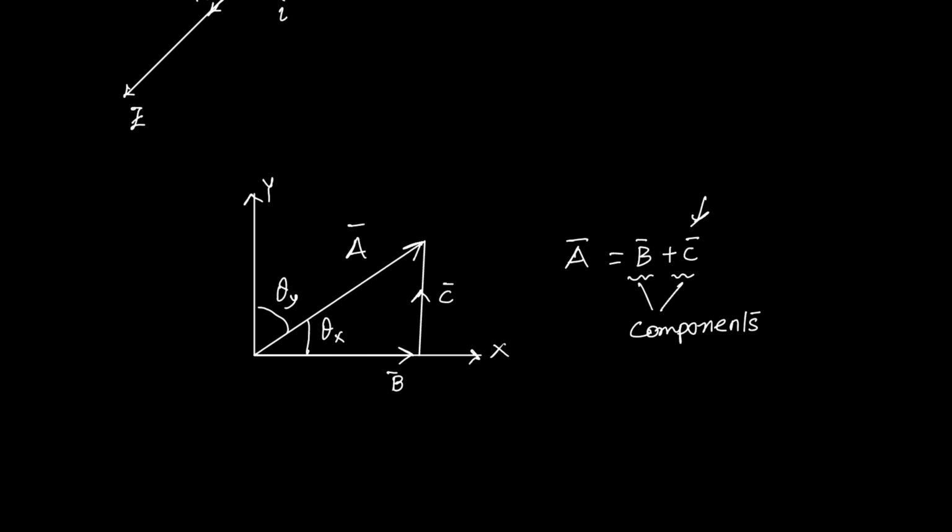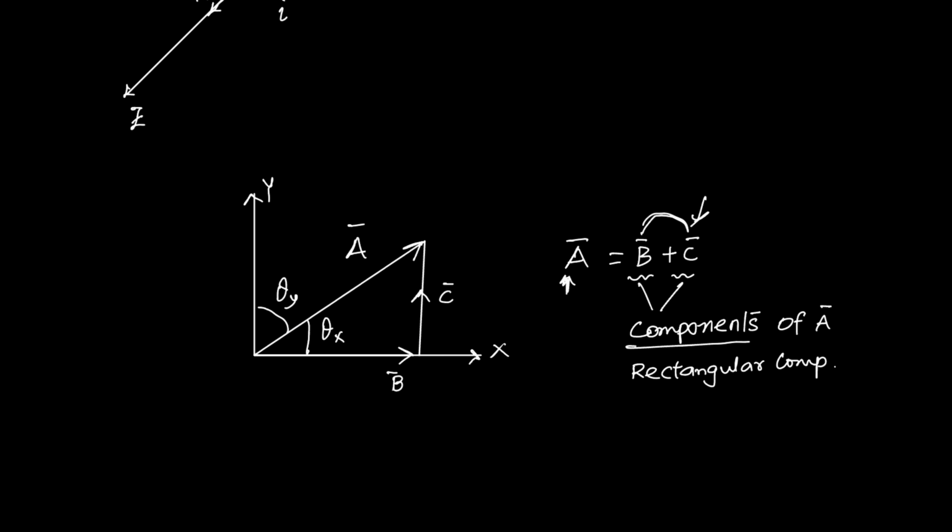If some vectors when added give another vector, then those vectors which are being added are called components of the vector which is the resultant of addition. So B and C are components of A, and since B and C are in x and y directions, they are perpendicular components, so they are termed rectangular components.